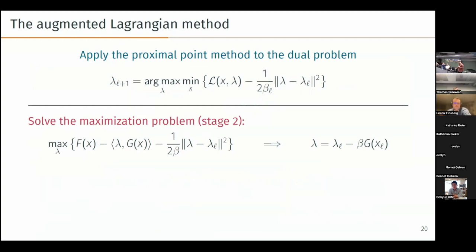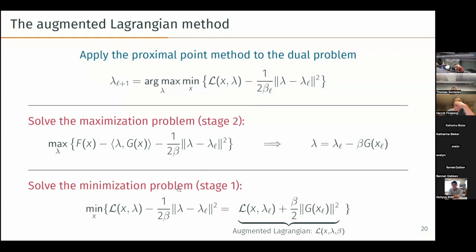So if you would say quasi-convexity in X and quasi-concavity in lambda, and you can alternate the max and the min, you can solve the inner maximization problem. This will give you this update rule for lambda. And solving the minimization problem accordingly to find X, which you actually sub into this formula, involves minimizing what's called the augmented Lagrangian for fixed lambda.